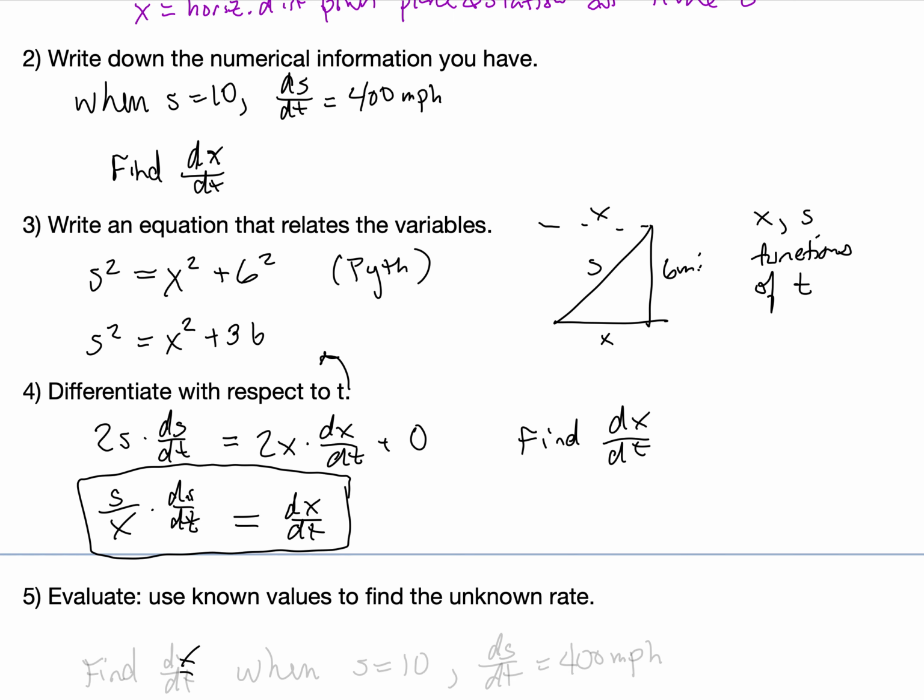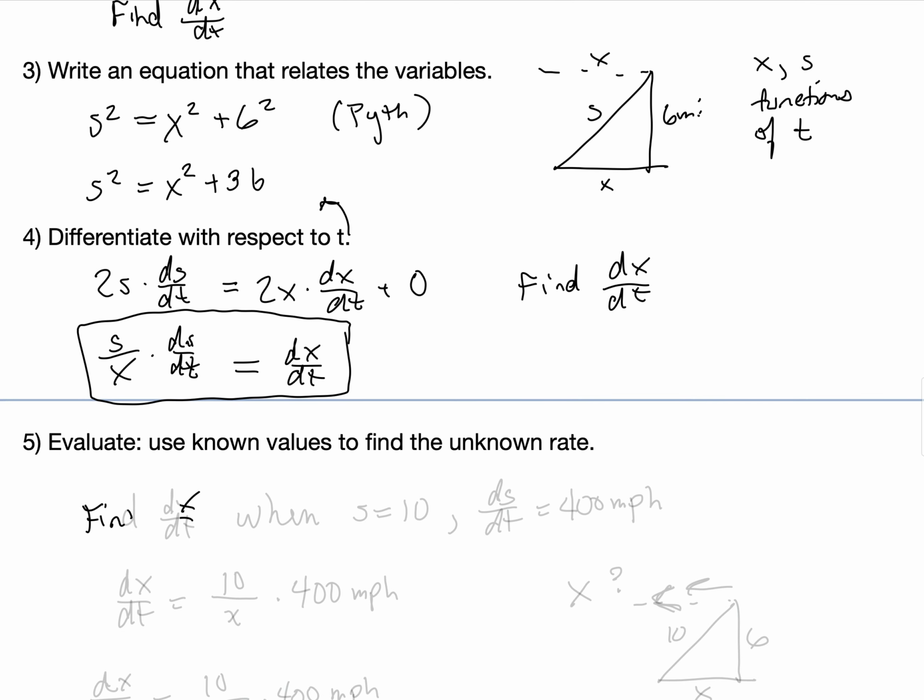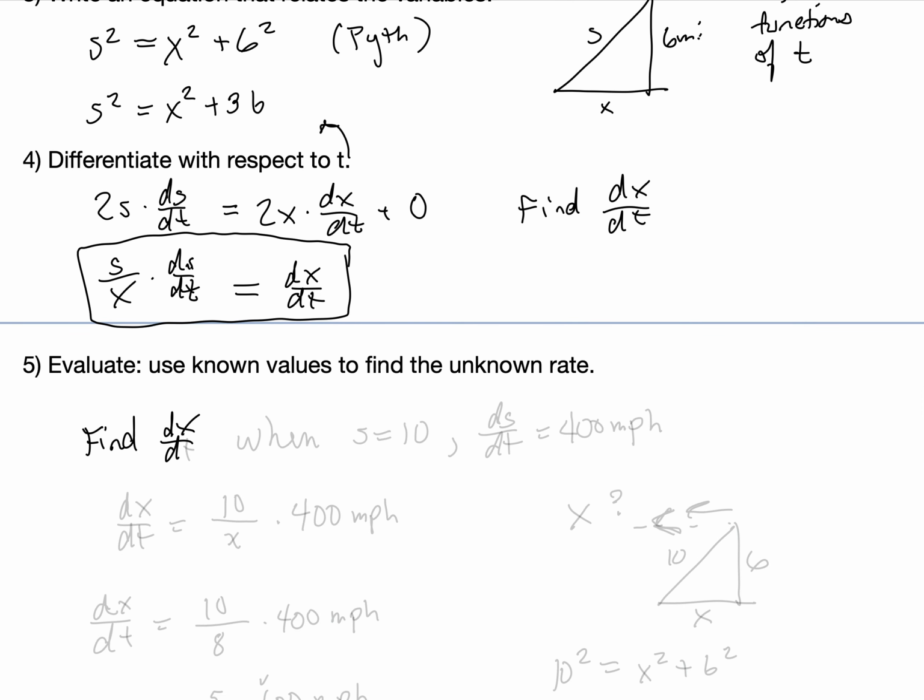So let's now use the values we know to find the unknown rate. We were trying to find dx/dt at a particular moment in time when s, the distance between the plane and the station, is 10.